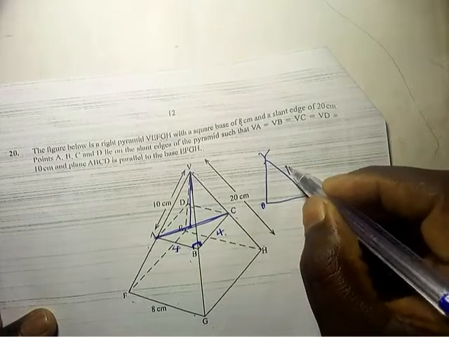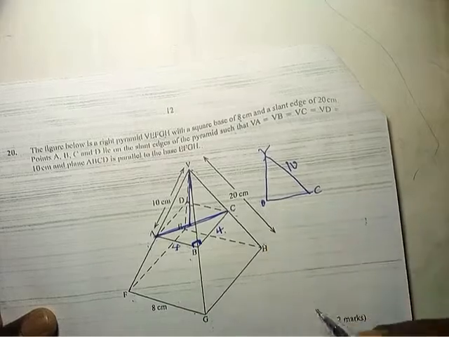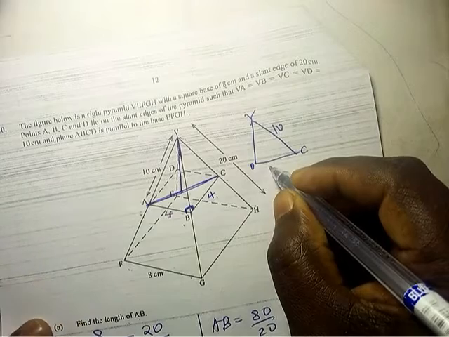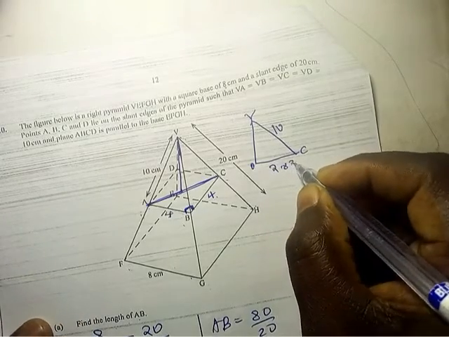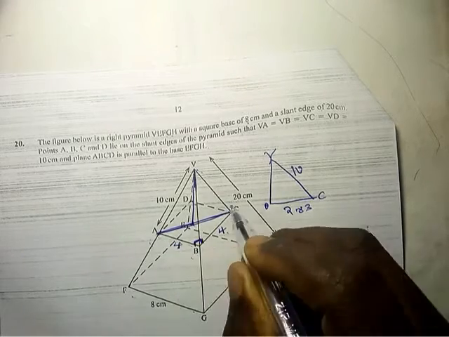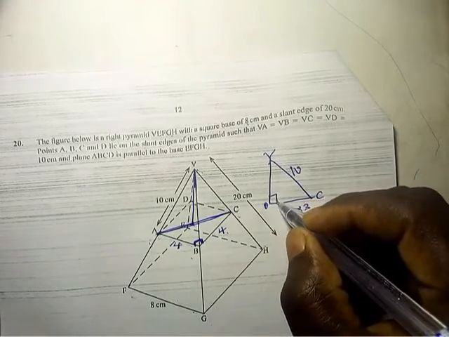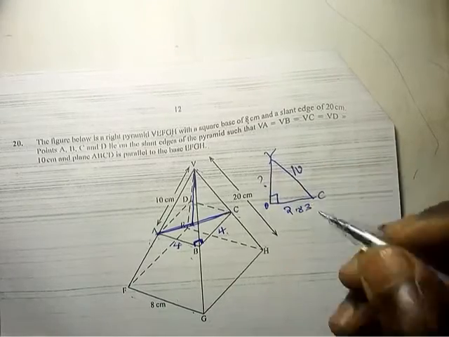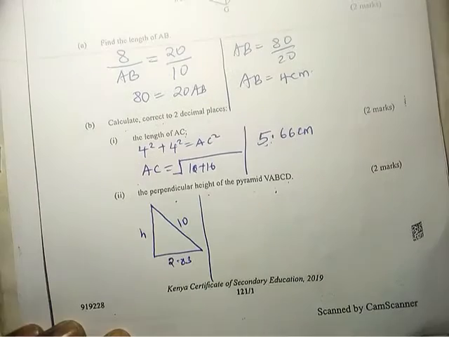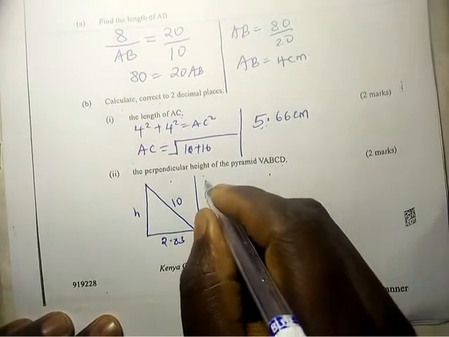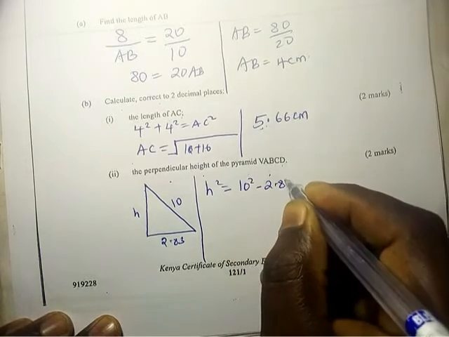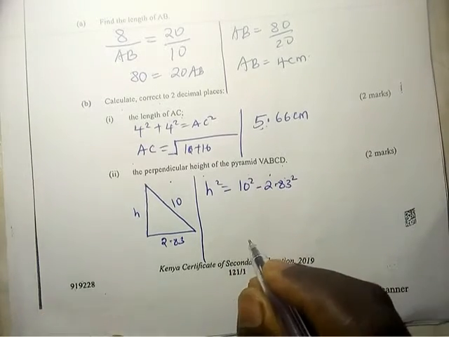So this one is 10. This one was 5.66 divided by 2, so it will be 2.83, from here to here. That is half of AC, and now this is going to be a right angle. So we are going to calculate H. H squared is equal to 10 squared minus 2.83 squared, by Pythagoras theorem.